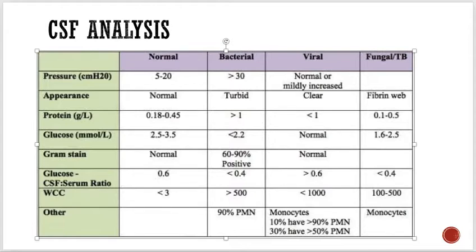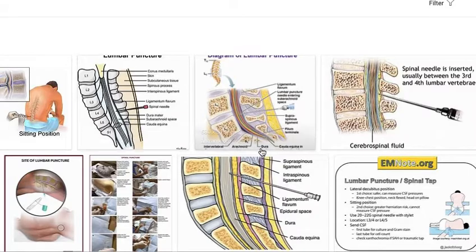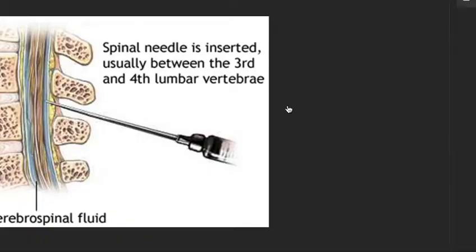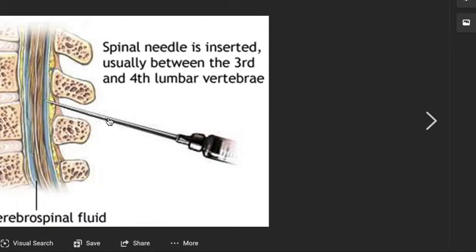Sometimes lumbar puncture is also done for therapeutic reasons, just to relieve the pressure or drain the CSF. Once they pass the needle inside that space, they can measure the pressure.